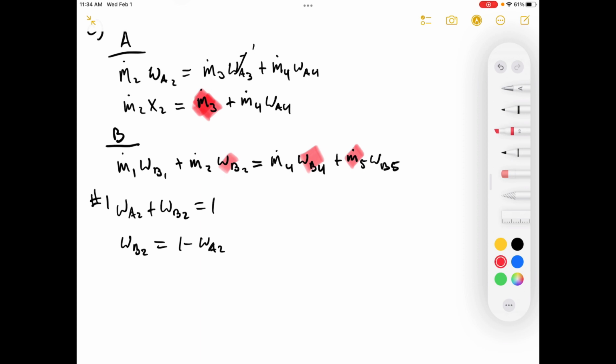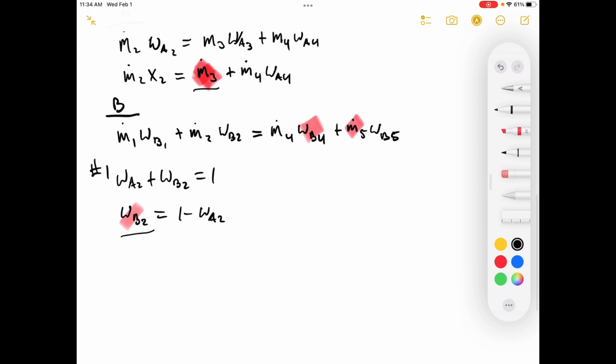So that means we have WB2 in terms of things that are known. So now WB2 is no longer an unknown because we have it figured out right here, defined. Just like anytime M3 shows up, we'll know that that's also defined.